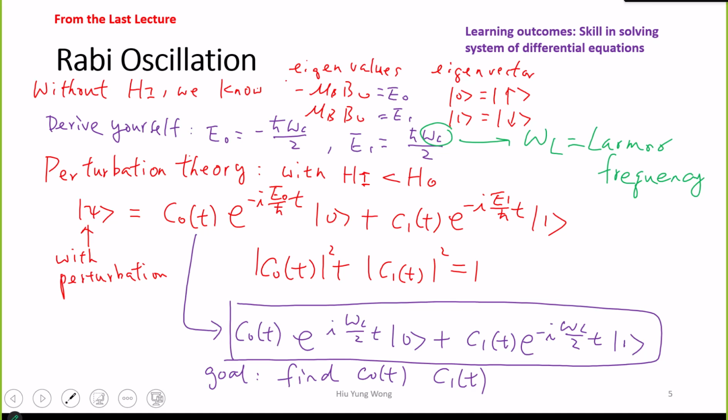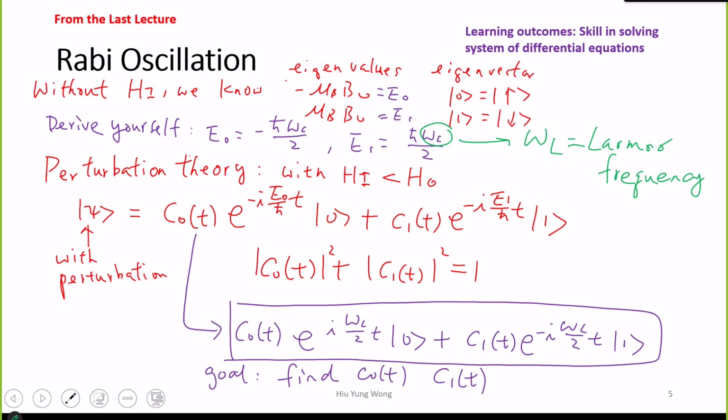Then perturbation theory tells us that if you add a new extra perturbing Hamiltonian, the solution, the wave function, is still a linear combination of the original basis states, except that now the coefficients are given by these 2.